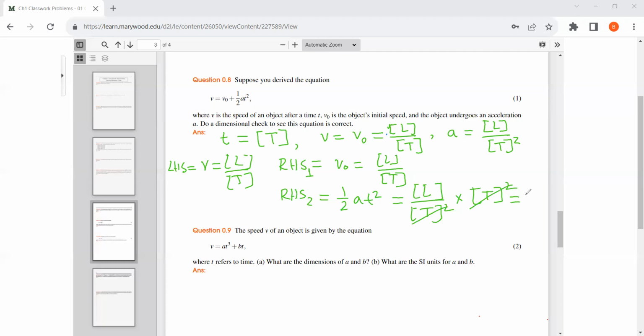So the dimension of the second term in the right hand side is just L, which does not match with L over t. Although the first term is correct, the second term is not correct, because its dimension is L. So this equation is not a correct equation.